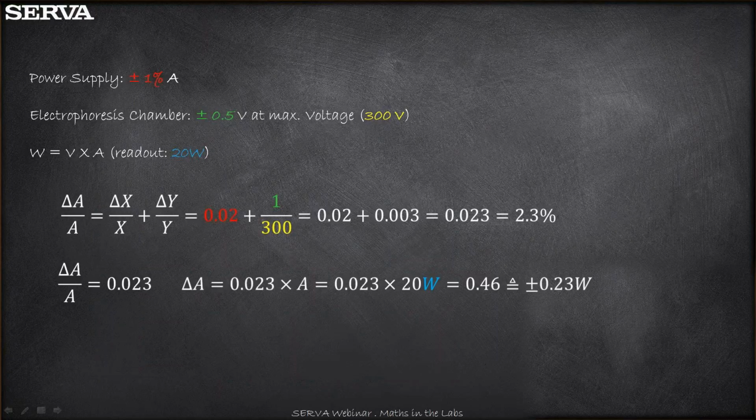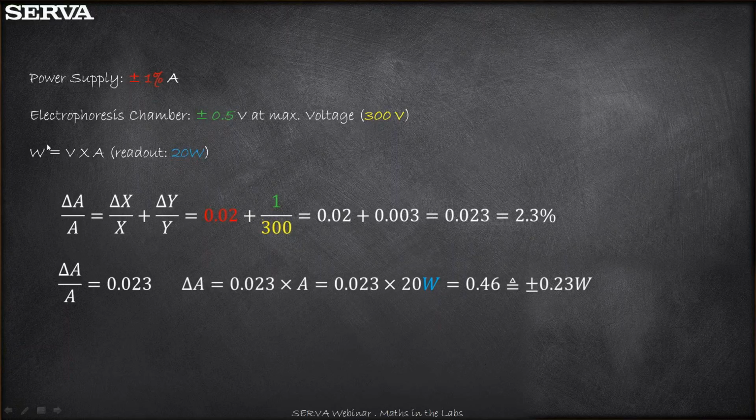In electronic or mechanical work equipment, error limits are usually specified in the operating instructions. For example, let's consider a fictional electrophoresis here. The amps are set in the power supply, and you find a plus minus 1% in your manual, and empirically you determine the changes of the volts at max voltage in your chamber with a measuring device, whatever, and you find that you have differences in plus minus 0.5 volts at different times and so on.